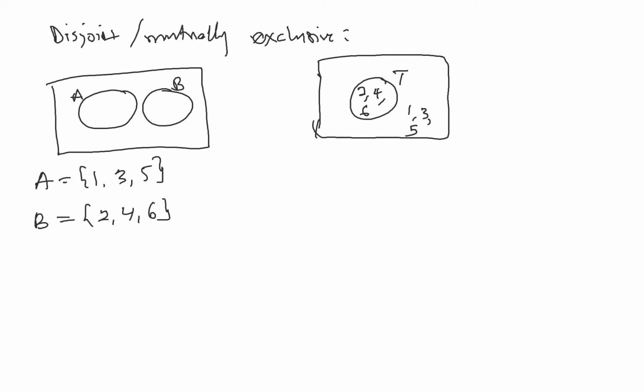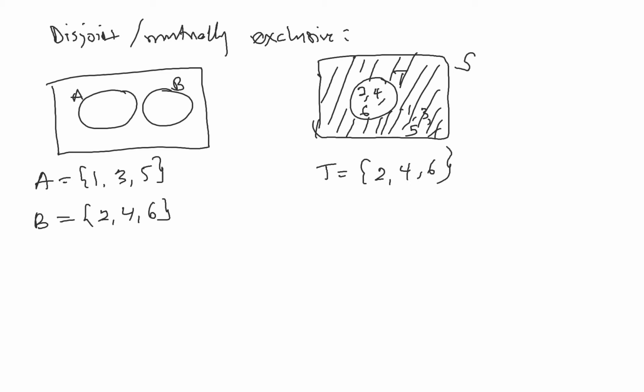So this circle is T, and the whole space outside the circle here is T complement, because it contains all elements within the sample space but are not in T. So we say that T equals 2, 4, 6. T complement equals 1, 3, 5. And the entire sample space is 1, 2, 3, 4, 5, and then 6.